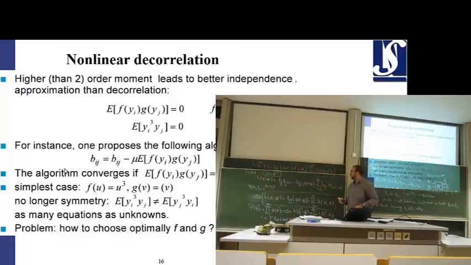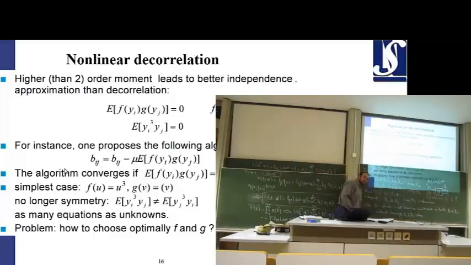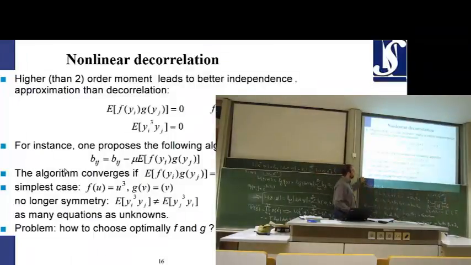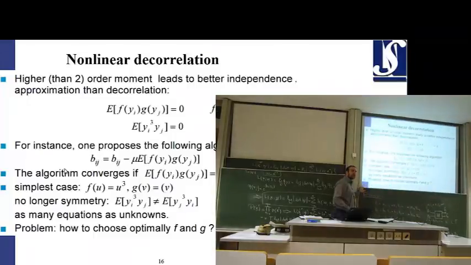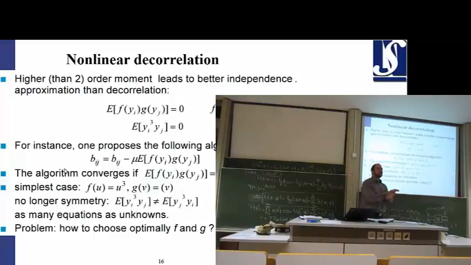Initially, people had problems using independence as a criterion. They tried decorrelation, but in a nonlinear version. In simple decorrelation, you are getting signal 1 and signal 2, and you try to make the cross correlation, which is the expectation of one over the other, minimized or zero.